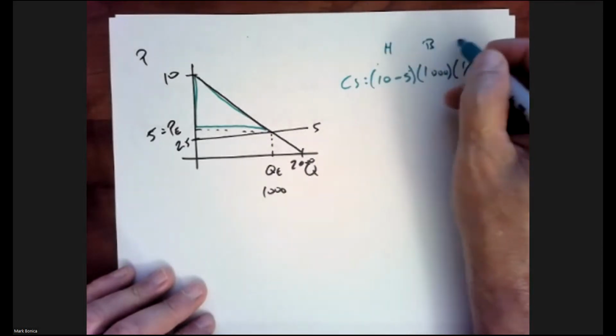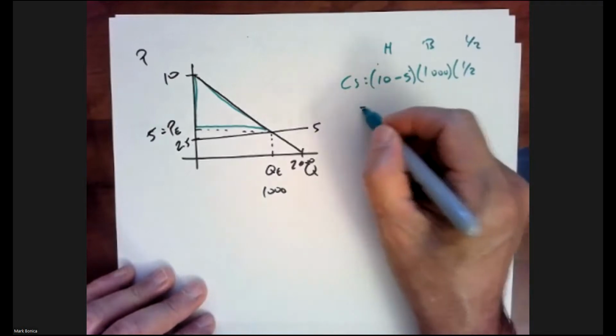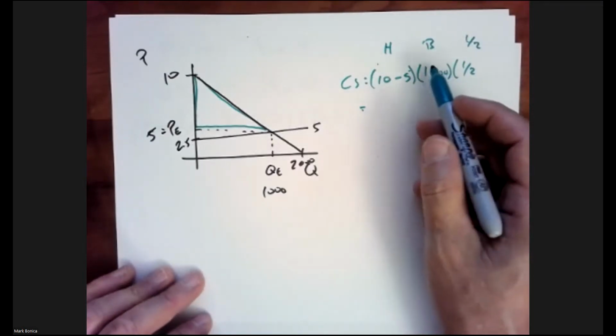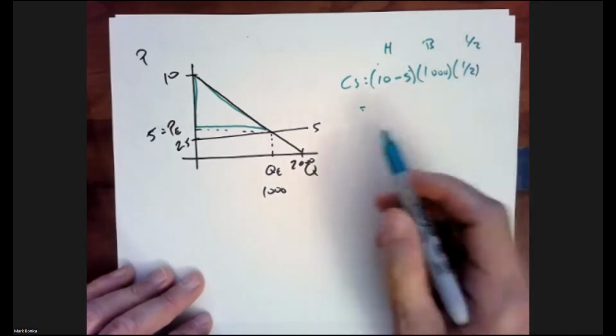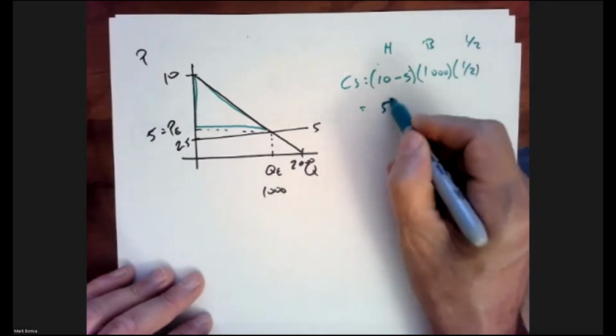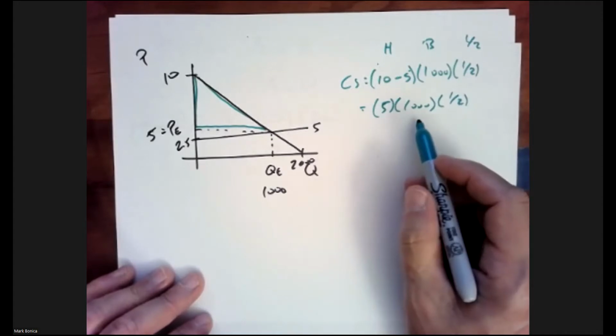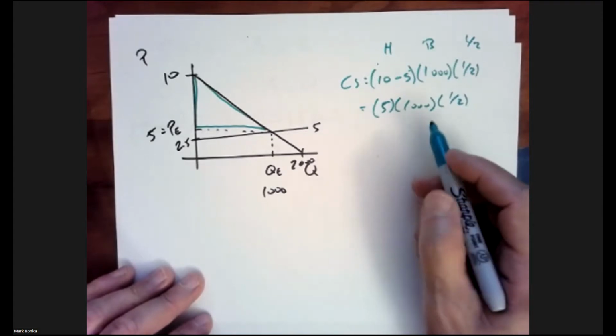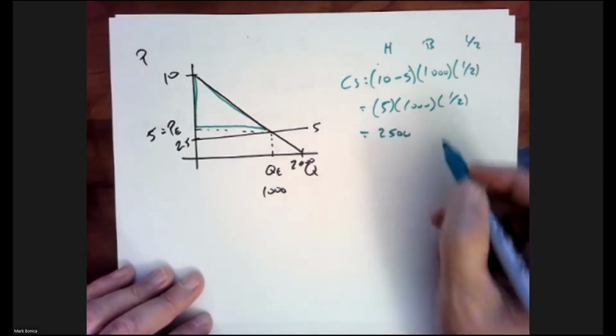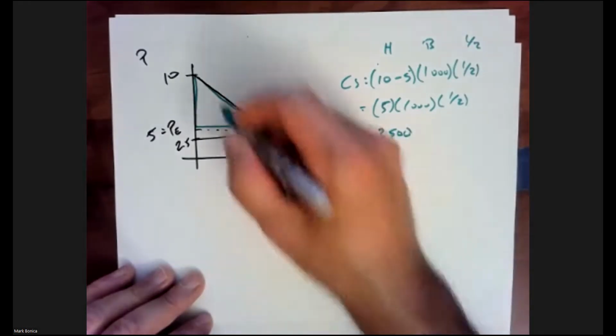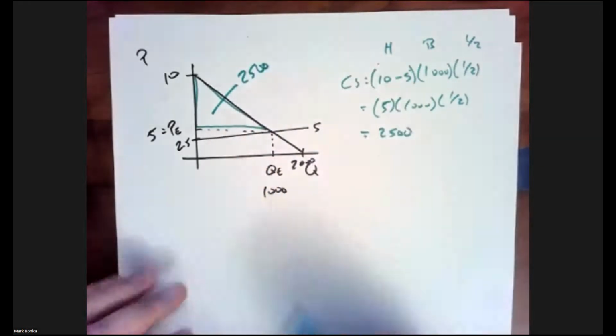I flip-flopped them, but normally it's base times height times 1/2; you can reorder them. So I've got 5 times 1,000 times 1/2. 5 times 1,000 is 5,000. Half of 5,000 is 2,500. So the consumer surplus is 2,500. That's the area of this triangle.